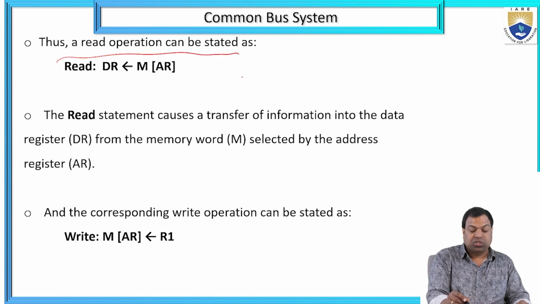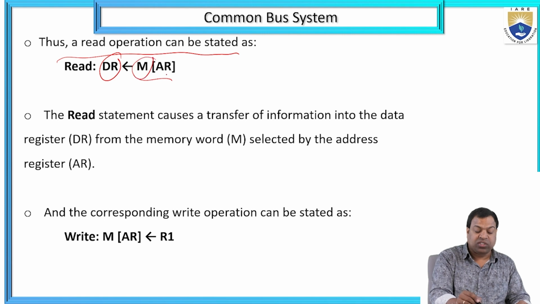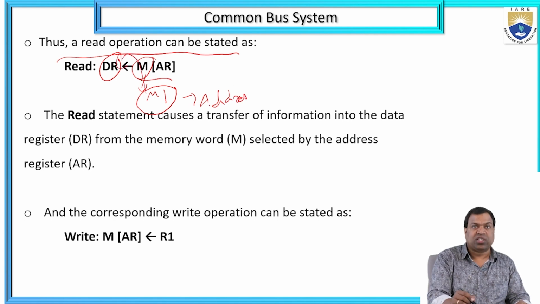A read operation can be stated as DR ← M[AR]. That means the data register receives what is at the memory address. Suppose this is the M1 register, example M1 memory. For this M1 memory, what is the address? That is the address register. And what is the data in this address?